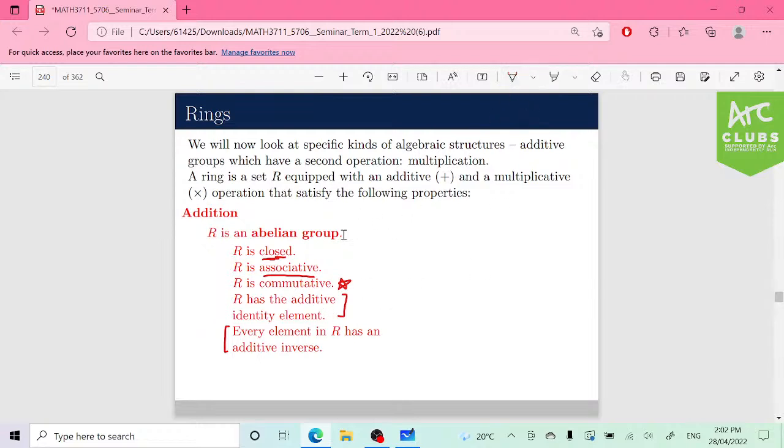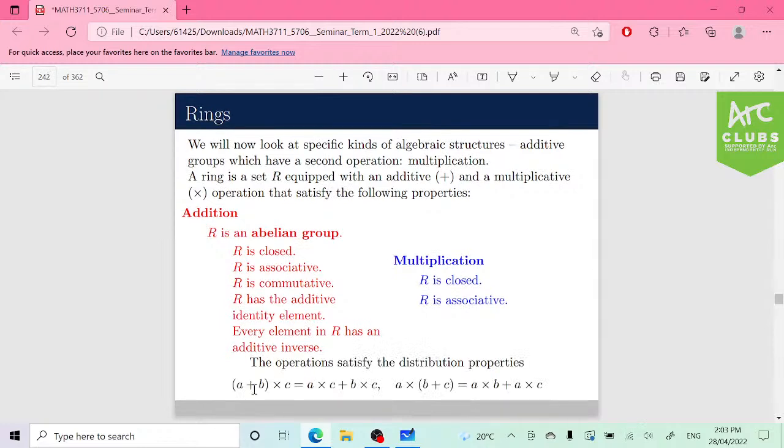It can't be said the same for multiplication though. Multiplication is a little bit less strict. For multiplication, all we require is closure and associativity, and this is enough for you to define a multiplication operation. These two things are then linked under the distributive property.